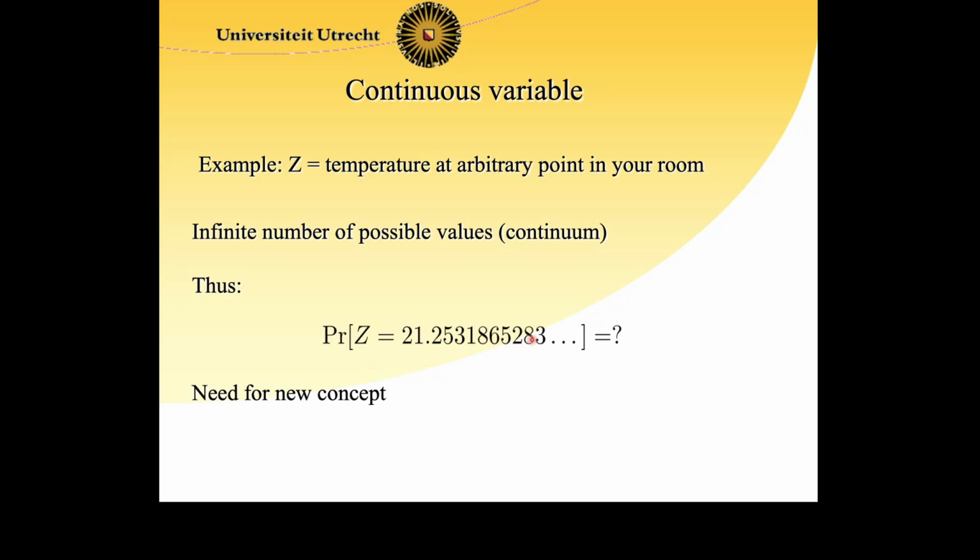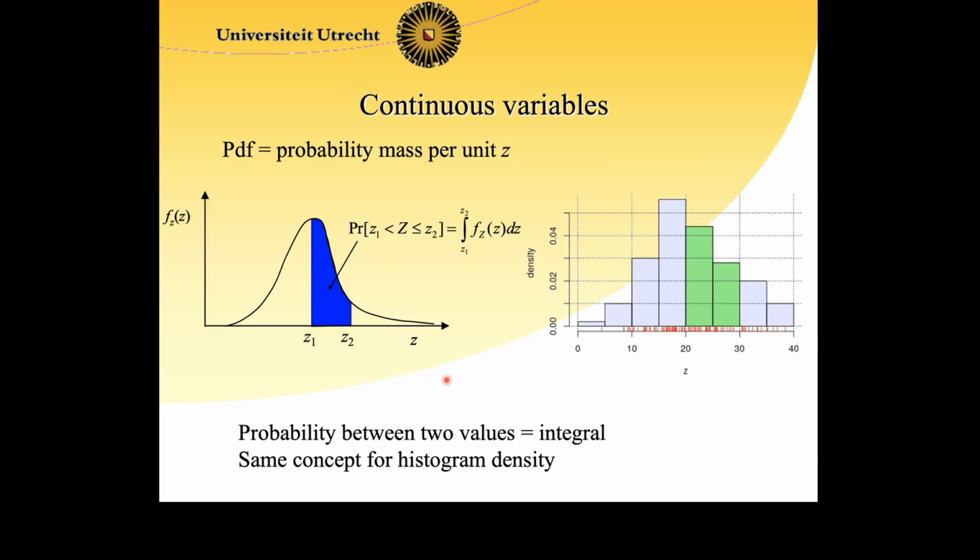Well, of course, the number of decimals can go on to infinity. So actually the probability of exactly that number is 0. But we can calculate the probability that it's between 10 and 15 centigrade, for instance. So we can calculate intervals from the density function.